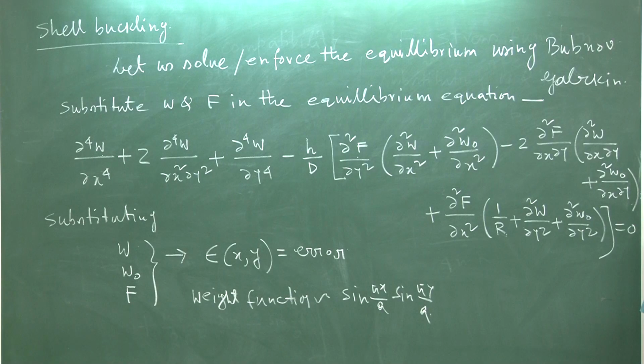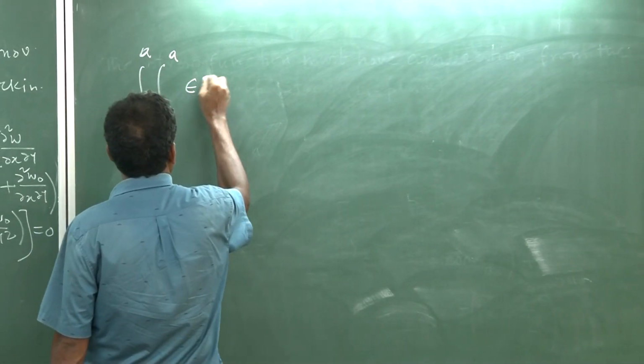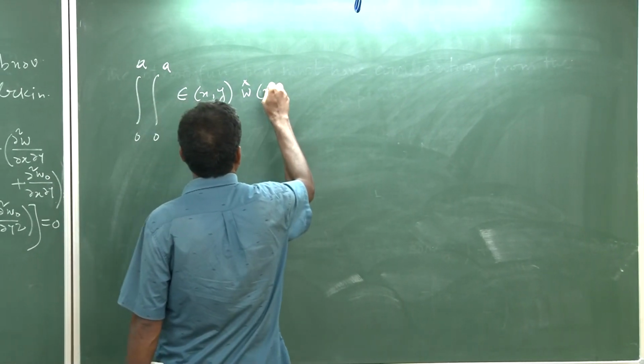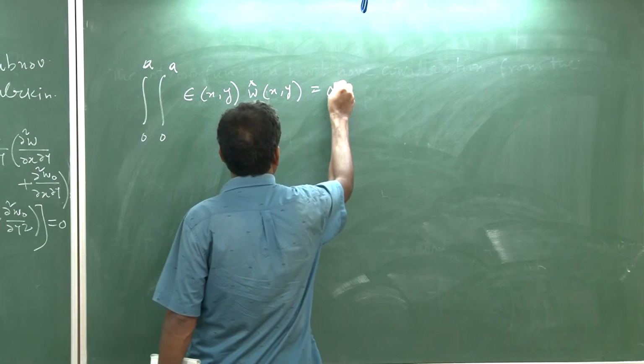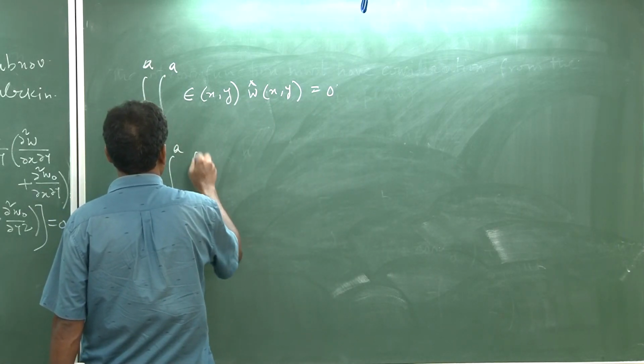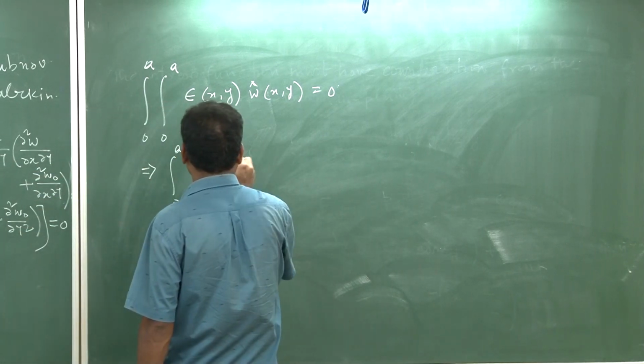Now if we enforce that the error is minimized, weighted least square, what do we do? You multiply the error with the weight function and make it 0 over the domain. So, integration 0 to a, integration 0 to a, of the error epsilon(x,y) times the weight function w(x,y) must be equal to 0, right? There will be a big expression of error.